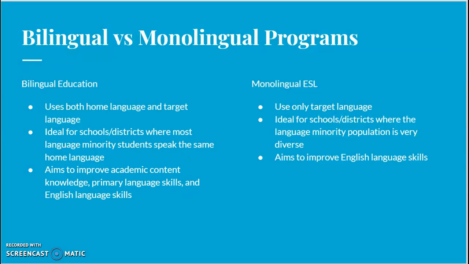Bilingual education is ideal for schools and districts where most language minority students speak the same home language, whereas monolingual programs are ideal for schools and districts where the language minority population is very diverse. And finally, bilingual education aims to improve academic content knowledge, primary language skills, and English language skills, where monolingual ESL programs really only focus on improving English language skills.